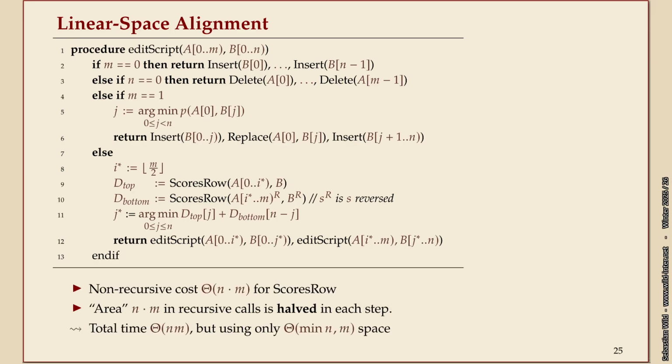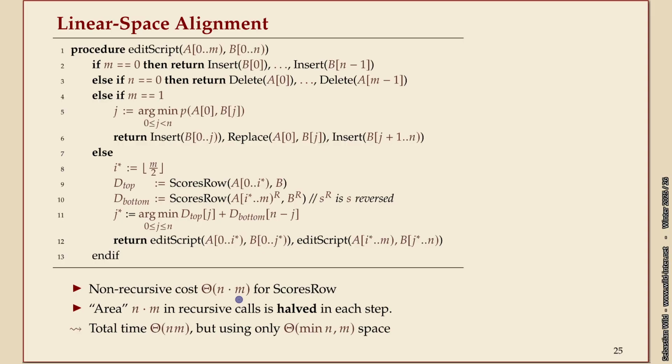How long does this take? The non-recursive cost, what we do down here, I mean, here we have some linear costs that are dominated by the rest. The main cost comes from these calls to computing rows because they have to fill the entire matrix. They forget most of it straight away, but they still have to compute all the rows one after the other. So these two together have theta nm cost.